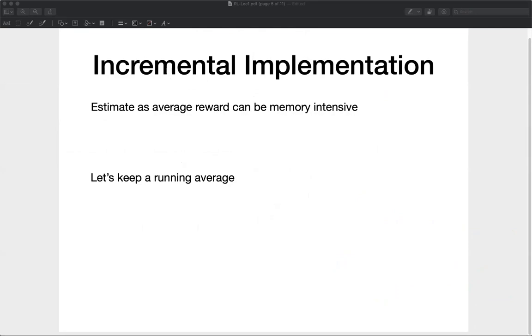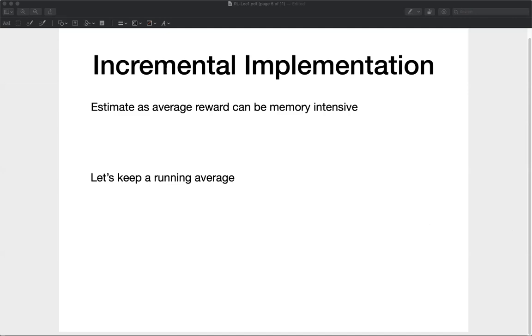So you can imagine that what we're going to have is an estimate of this average reward, and it's kind of like a running average, right? You need to keep track of all the previous values that you had before in order to compute this average.